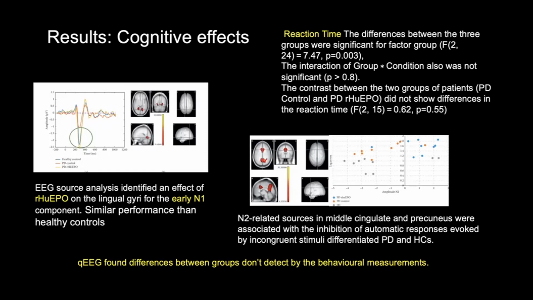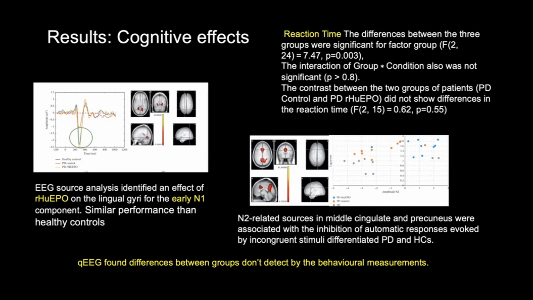The first conclusion is that QEEG can show a significant difference between a patient using EPO and the normal or usual medication. And also ERP was very efficient to detect this difference, better than the behavioral measurements.